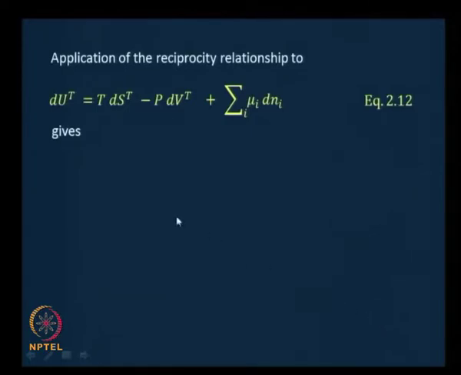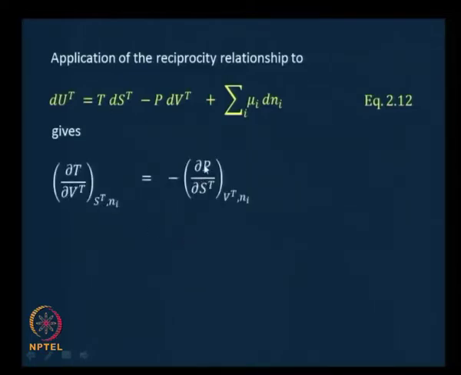And then applying the reciprocity relationship, taking two at a time, given by the mathematical theorem, we could get very useful relationships, which was (dT/dVt) at constant St, ni equals minus (dP/dSt) at constant Vt, ni, and so on.